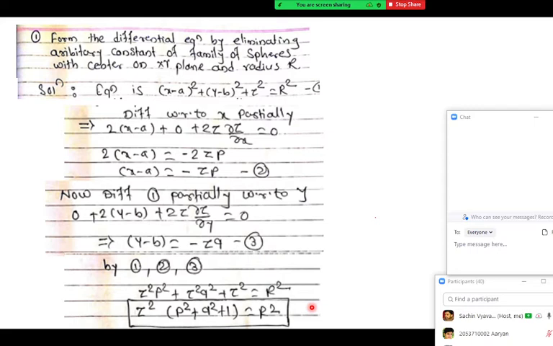If anyone has a doubt, you can ask. So complete it. Once you finish writing, you can tell me. We'll move to the next question then.